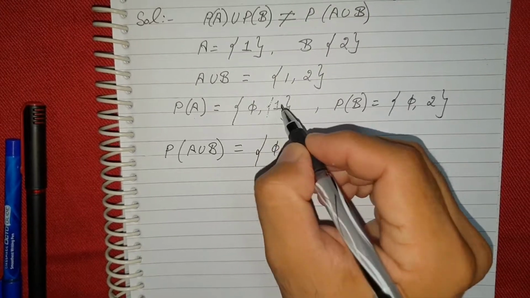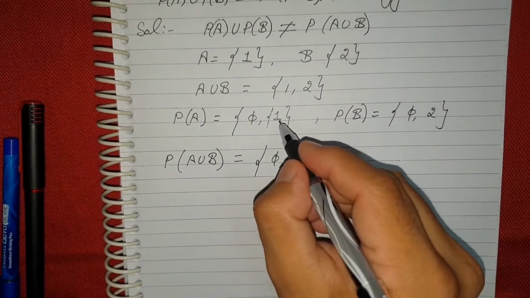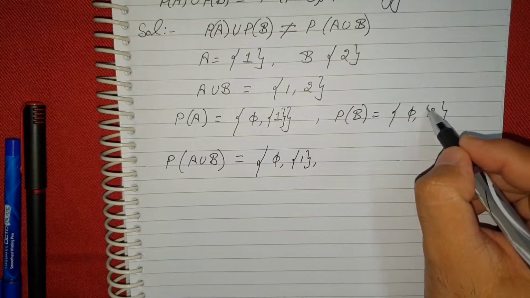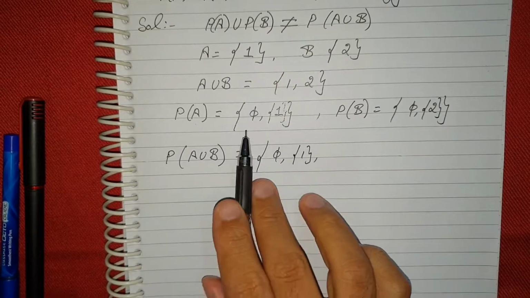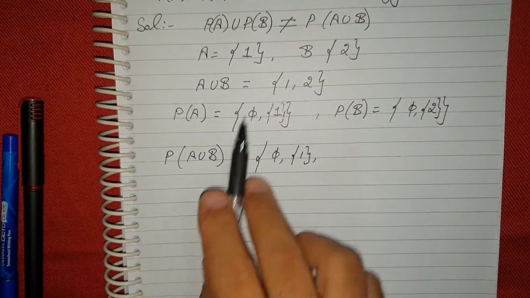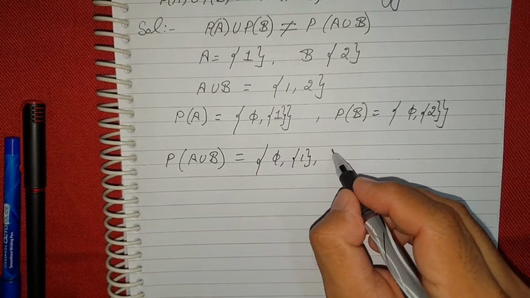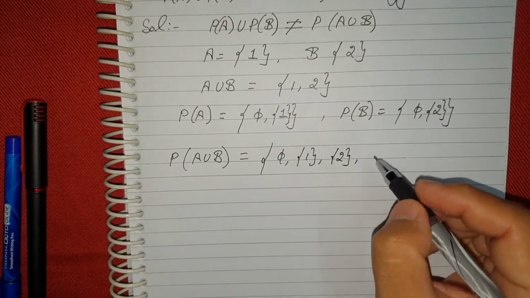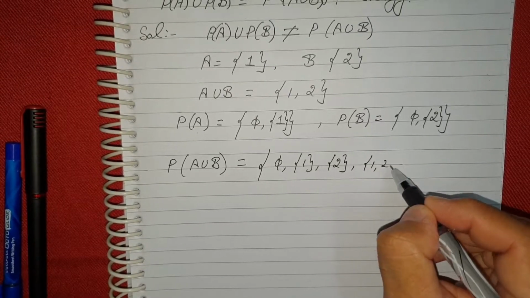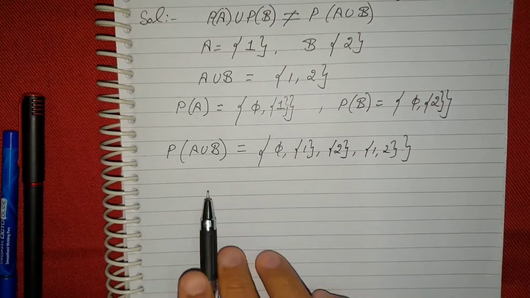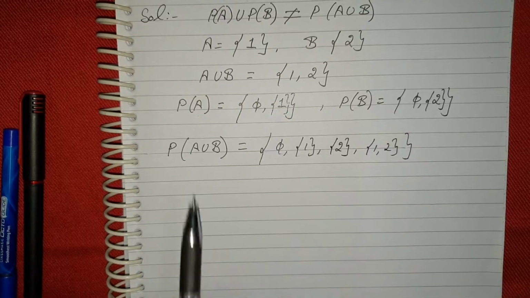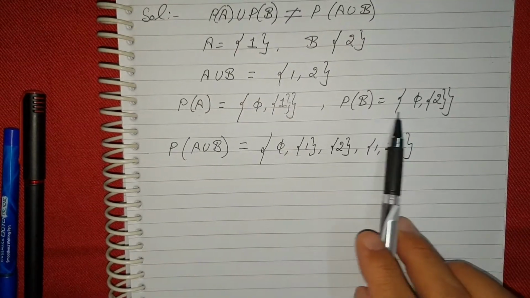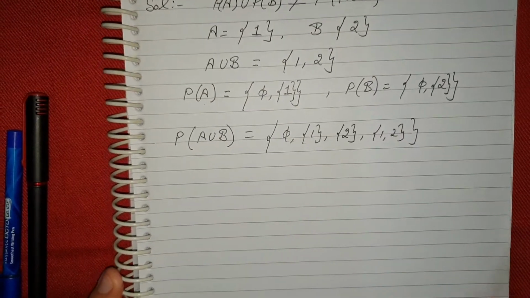Sorry, actually these are the sets. Really sorry for this. Okay, so this is power A, power B. Power of A union B. This is A union B, {1, 2}. So this is power of A union B. Now if you take PA union PB, okay, got it?